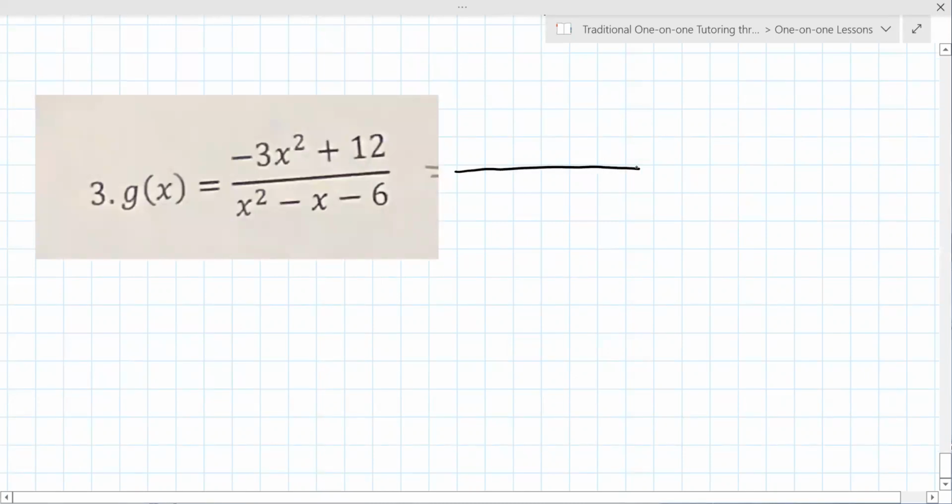Do you see that there is a greatest common factor in the numerator? What is that greatest common factor between both? 3. It is 3. You're not wrong, but the preference is to go to -3. Oh, okay. So what goes inside parentheses if you factor out a -3? X squared minus 4. Perfect.